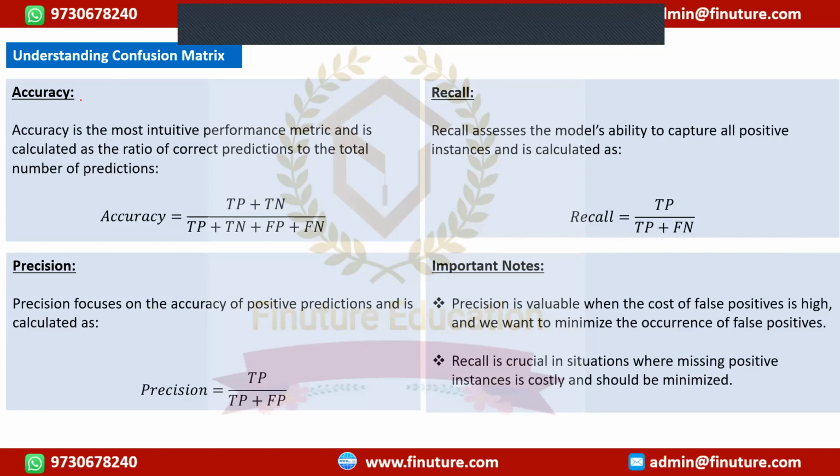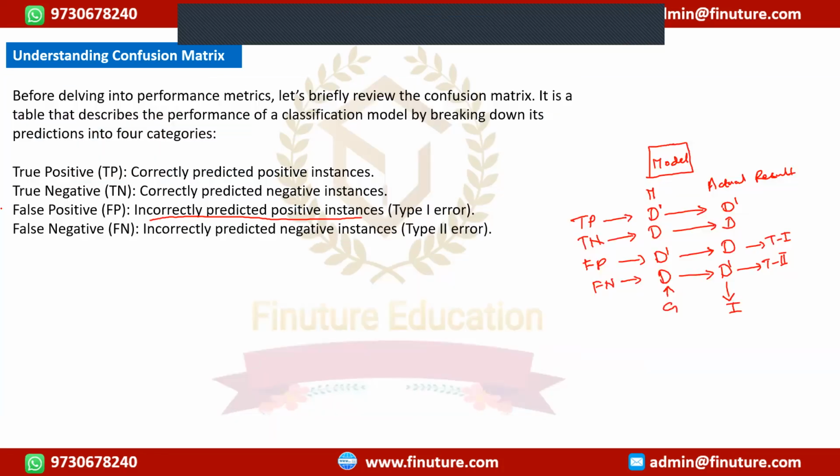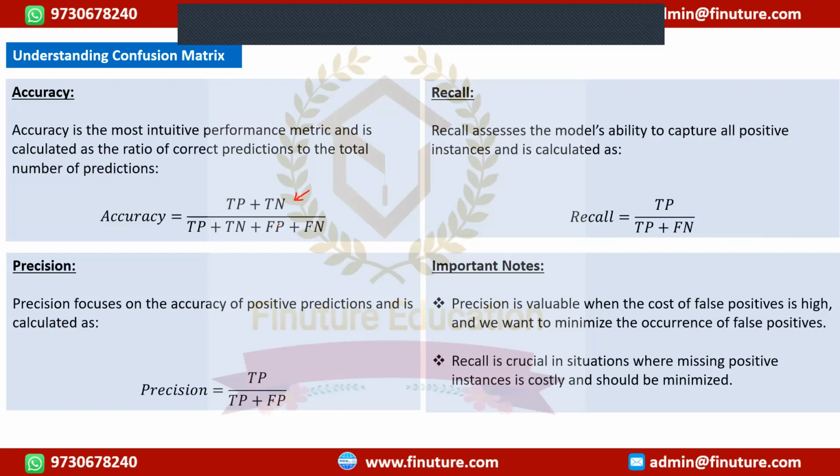So to measure accuracy, in the numerator you have all the true results over the sum of the four things that we saw. In the denominator you have all four, and in the numerator you only have the true results, positive and negative. In the denominator, true plus false results.